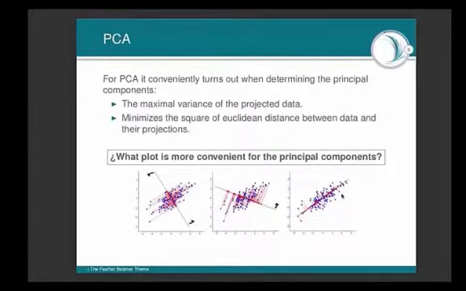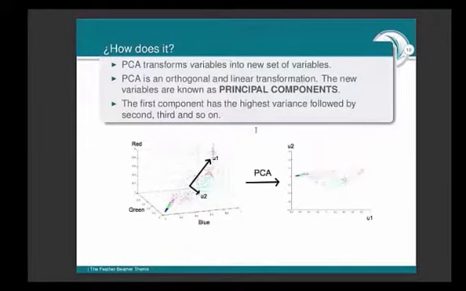How does it work? PCA transforms variables into a new set of variables which are a linear combination of the original data. PCA is an orthogonal linear transformation that represents data in a new coordinate system.